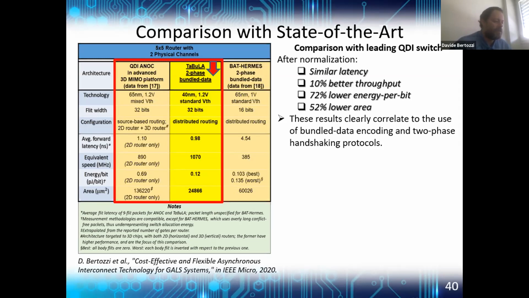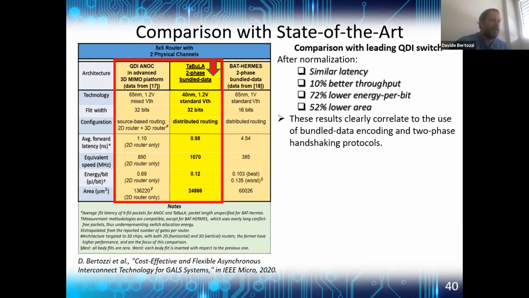But we have significant, remarkable advantages in the remaining metrics after normalization. In fact, the bundle data router exhibits 72% lower energy per bit and 52% lower area. So for slightly better performance, we have huge savings for energy per bit and area.